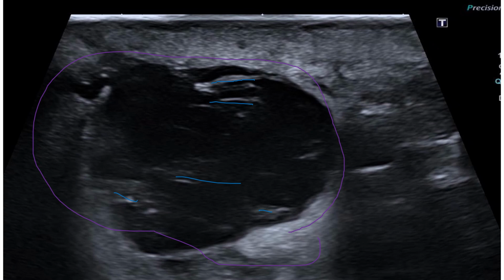Either it's a hemorrhagic cyst, or you could have a hematoma in the making. So here in this case, you can see blood collecting there.